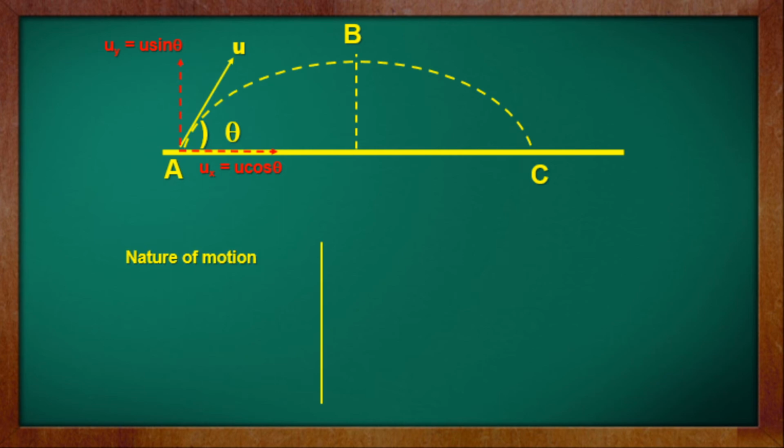So, what is the nature of the motion of the projectile along the horizontal? It moves with uniform velocity. Why does it move with uniform velocity? Because the force acts along the vertical, not along the horizontal. That is why along the horizontal there is no force, there is no acceleration, and no acceleration means the body moves with uniform velocity.